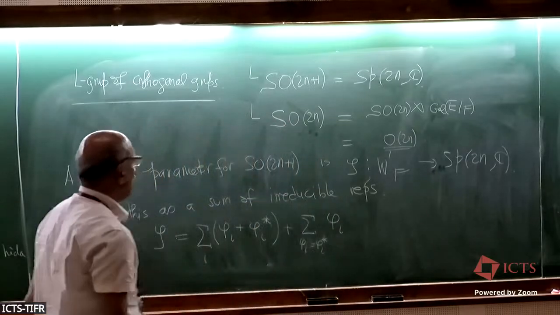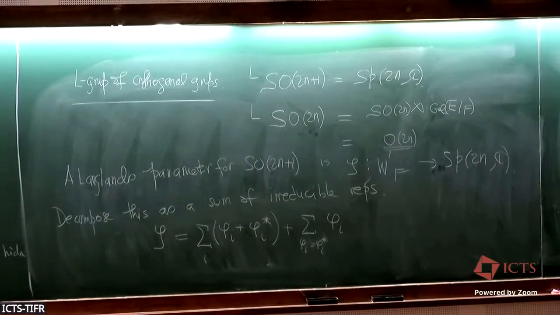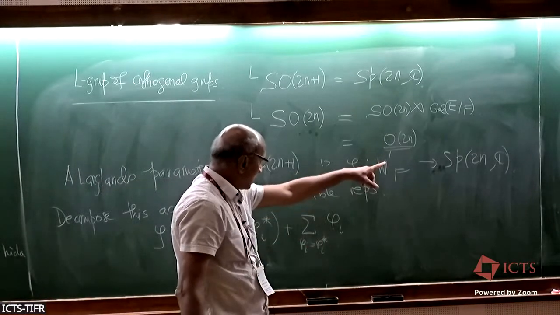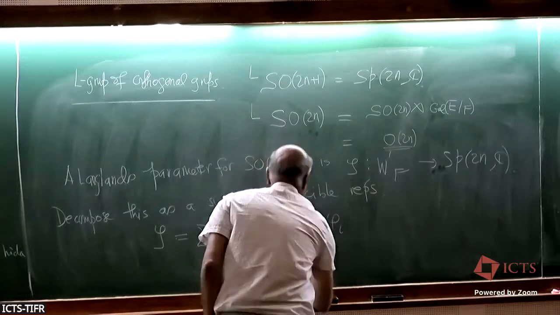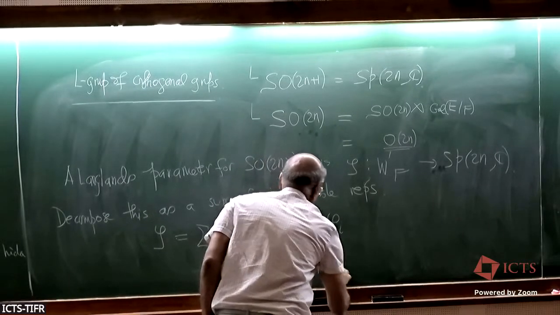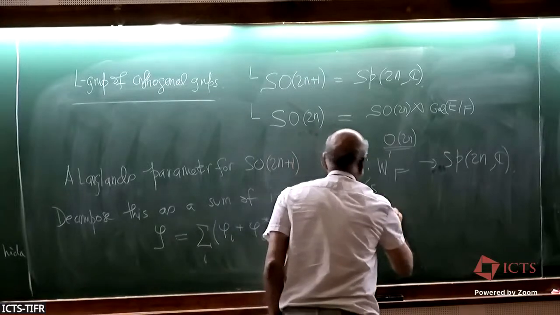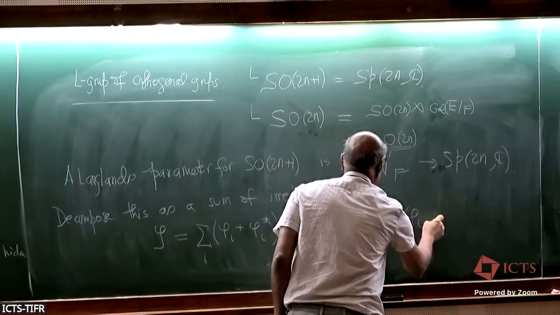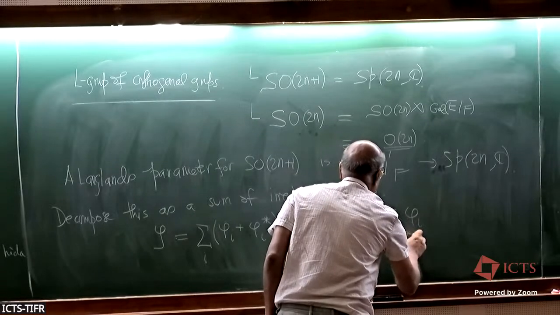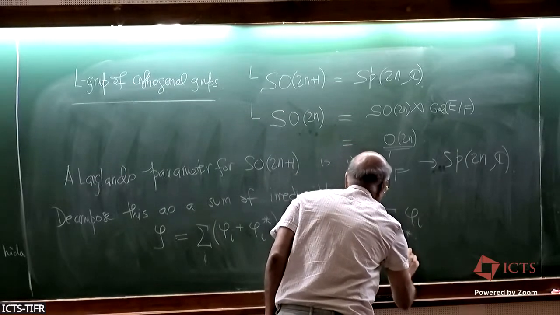And then there is this notation or usage made in the subject of good parity. So this parameter phi_i has the same parity as that parity. So this is symplectic. And then the sum of phi_i where phi_i equals phi_i star and phi_i orthogonal.